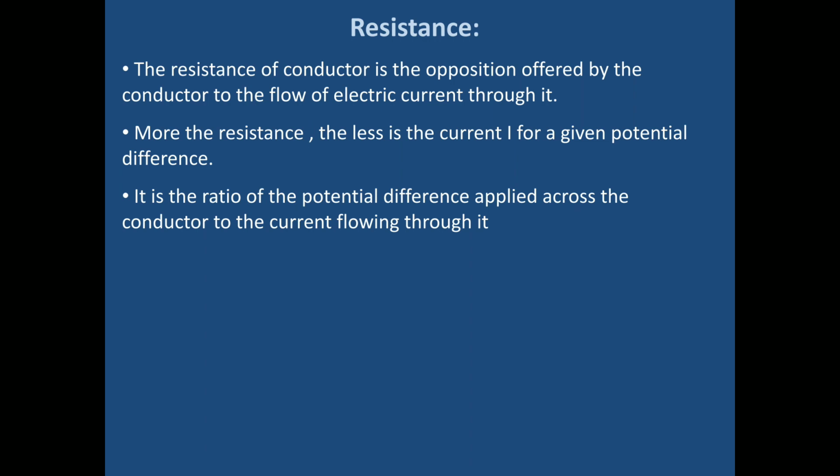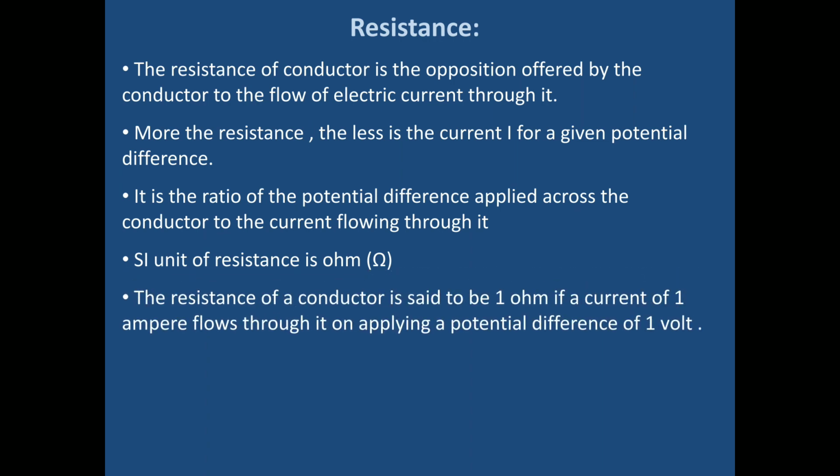It is the ratio of potential difference applied across the conductor to the current flowing through it. The SI unit is ohm. The resistance of a conductor is said to be 1 ohm if a current of 1 ampere flows through it on applying a potential difference of 1 volt. Any material that has some resistance is called a resistor.